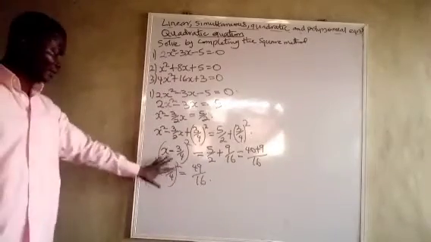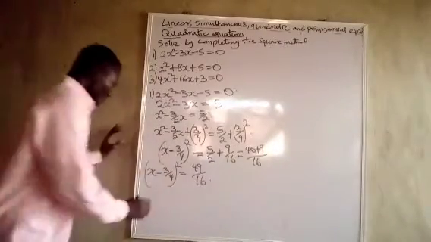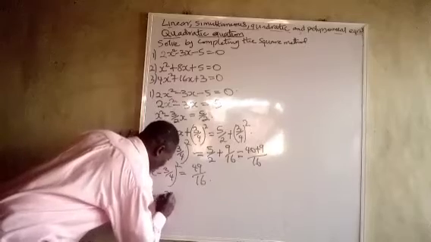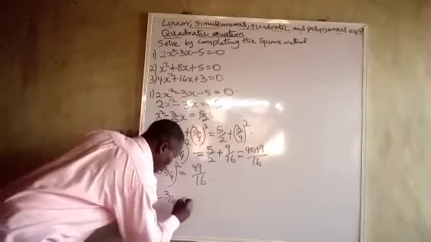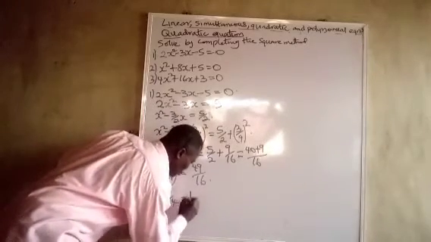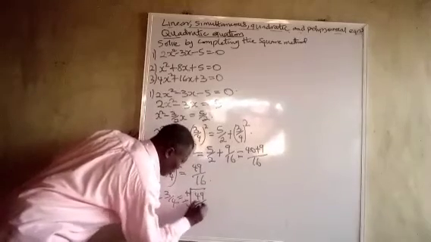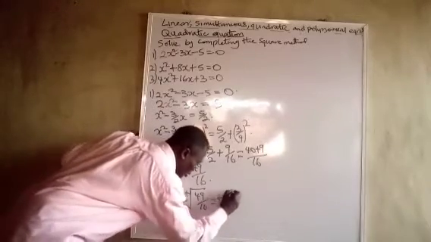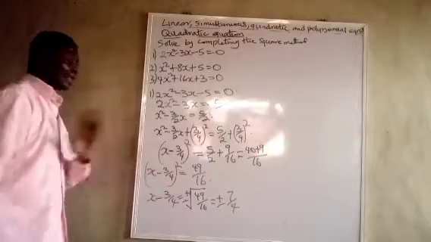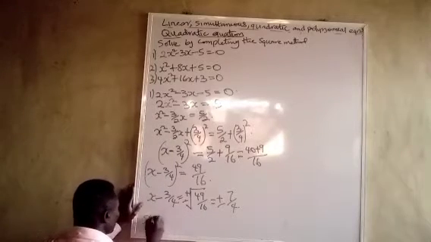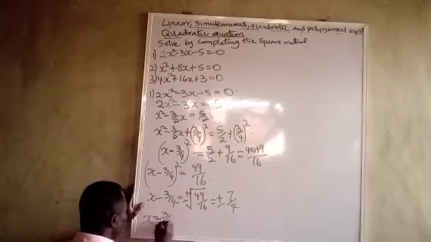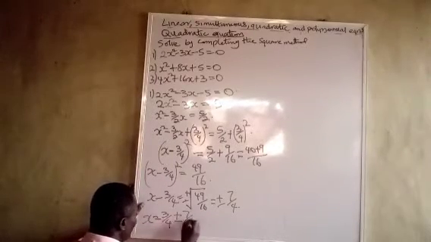Now, the next thing is to square root both sides. So I have x minus 3 over 4 will be equal to square root, plus or minus, 49 over 16, which is plus or minus 7 over 4. From this I can now find x. x will now be equal to 3 over 4 plus or minus 7 over 4.